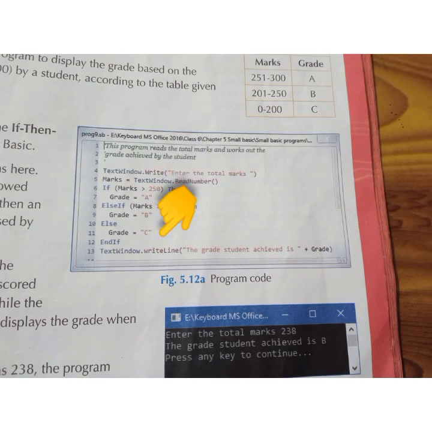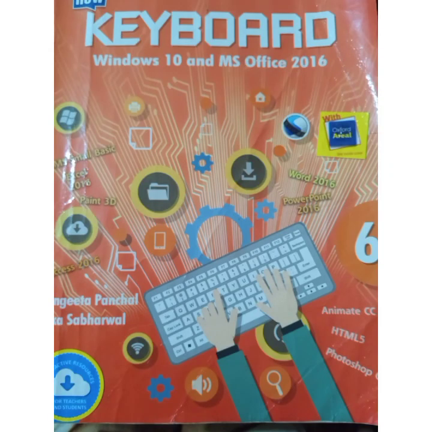I hope you understood this program well. So you can write any program by using If, Then, ElseIf statements. Students, we have completed our chapter 5, basics of Small Basic. I hope you understood these chapters well.